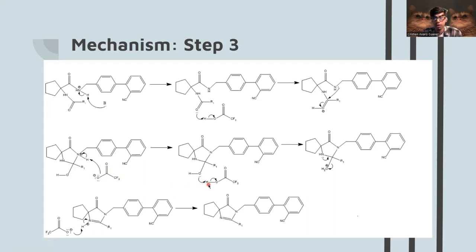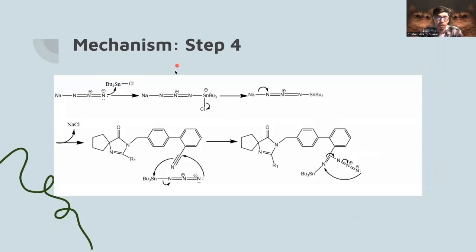Then we protonate this and prepare a leaving group, and as we form water, we're able to kick it off. Nitrogen uses its electron pair to form a double bond to kick off this water. From that water, we use the trifluoroacetic anion to deprotonate this and send an electron pair back to nitrogen, which completes this part of step 3.